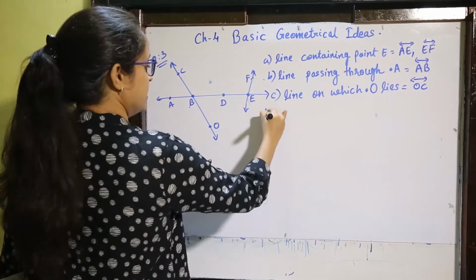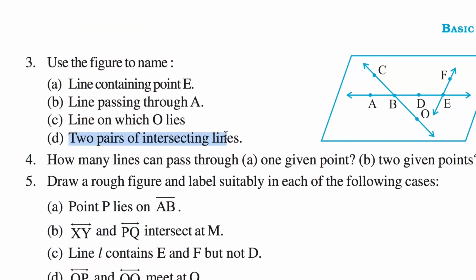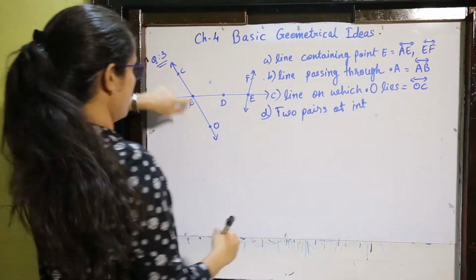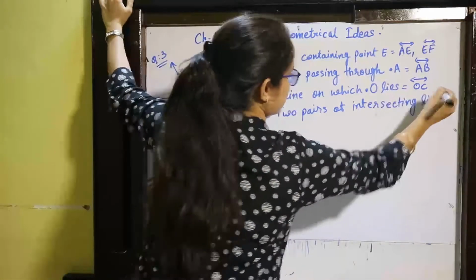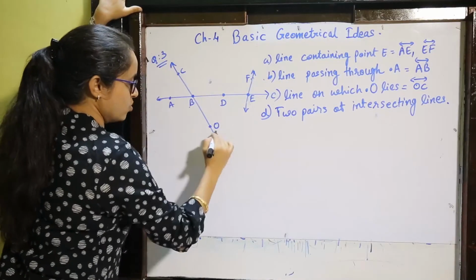And the last one, D. D is 2 pairs of intersecting line. Now there are 2 pairs, one pair is AE and OC and second pair is AE and EF. Intersecting lines, there are 2 pairs. First is AE and OC.